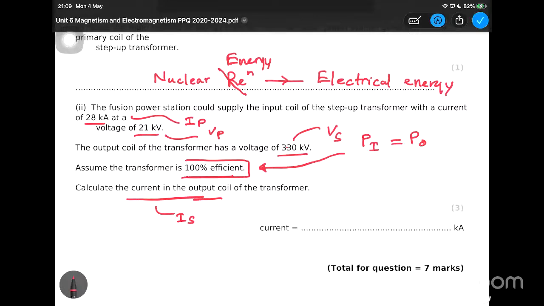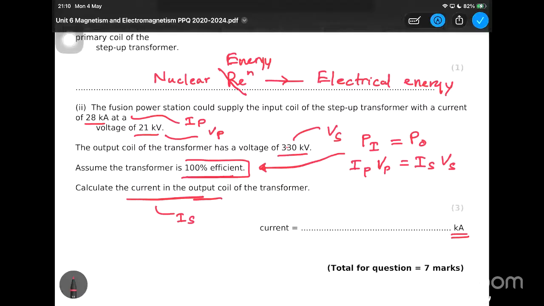So the input power can be written as I primary times V primary, equal to I secondary times the voltage of the secondary, or output, coil. You can see the current is given in kiloamperes, so there's no need to convert kiloamperes into amperes.